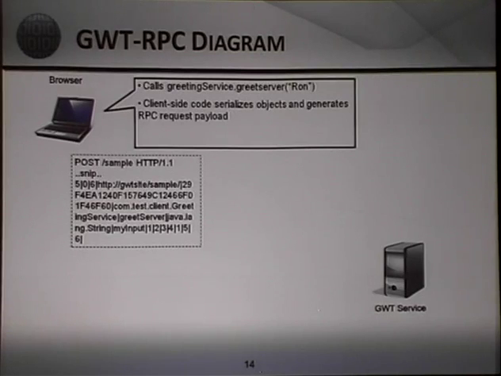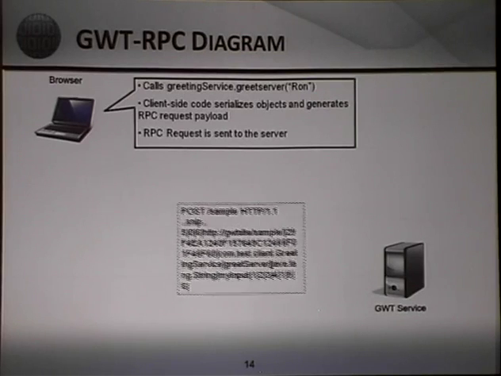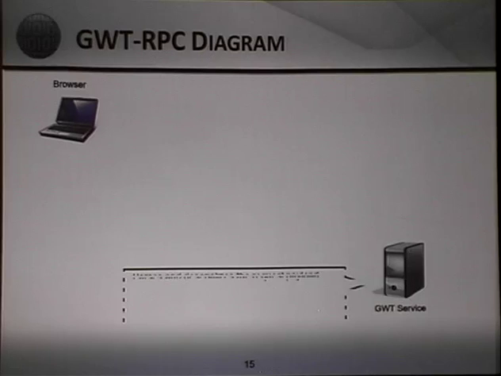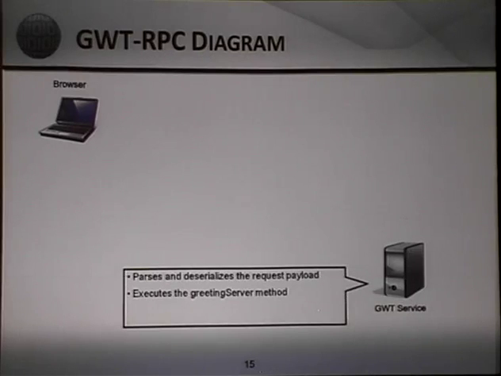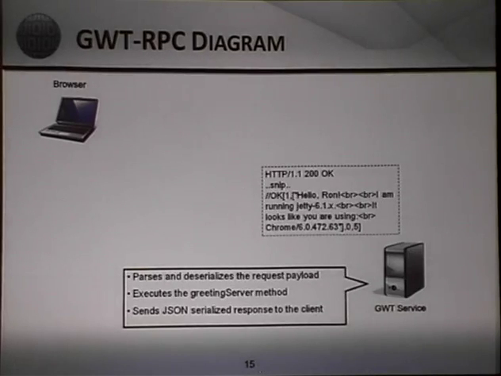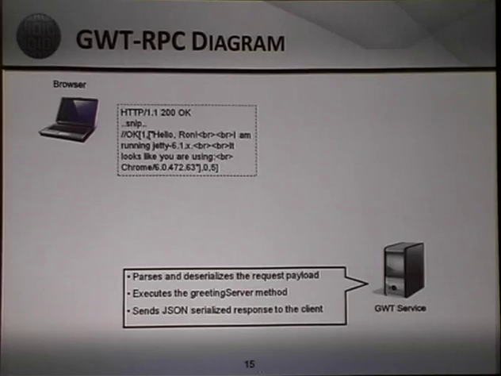It's just a plain text, pipe-delimited string. It sends it to the server. The server parses it, deserializes it, executes the method, and then sends the response, JSON serialized, back to the browser, and then the JavaScript takes it and knows exactly what to do with it.